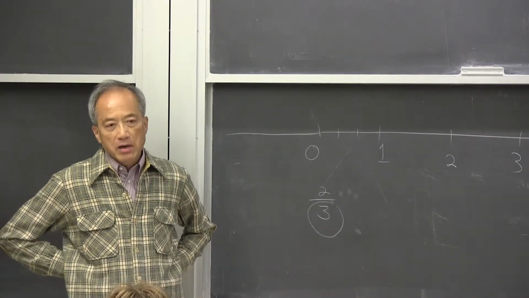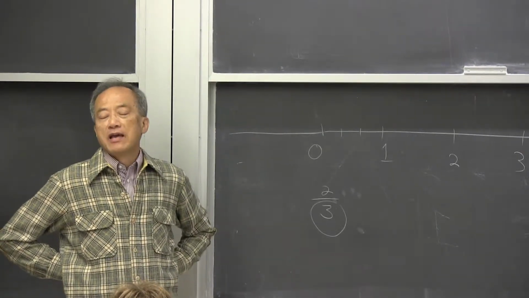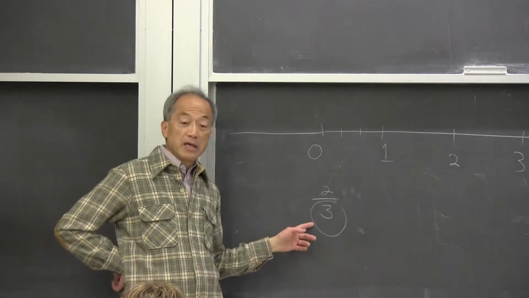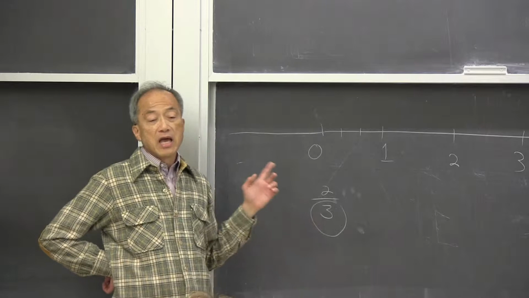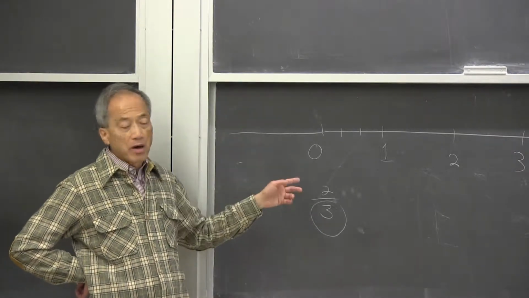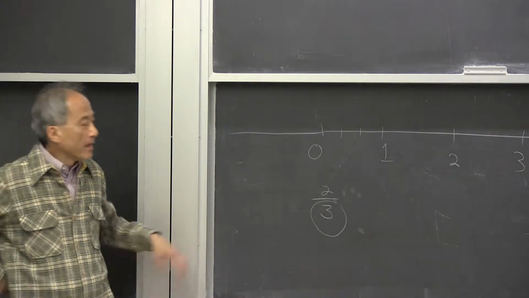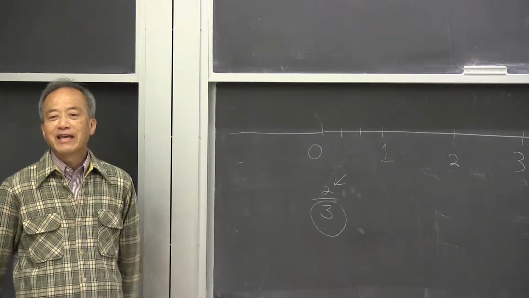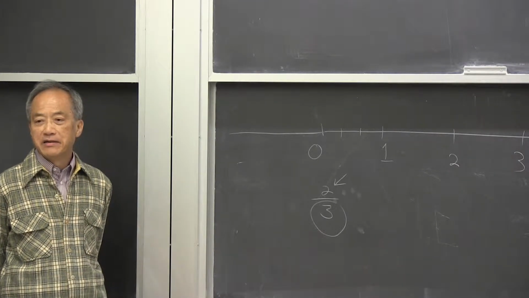When we say equal parts, in the context of the number line, it means segments of the same length. The 3, the bottom symbol, indicates how many equal parts you divide the unit segment into. The top indicates how many of those parts you're going to take.